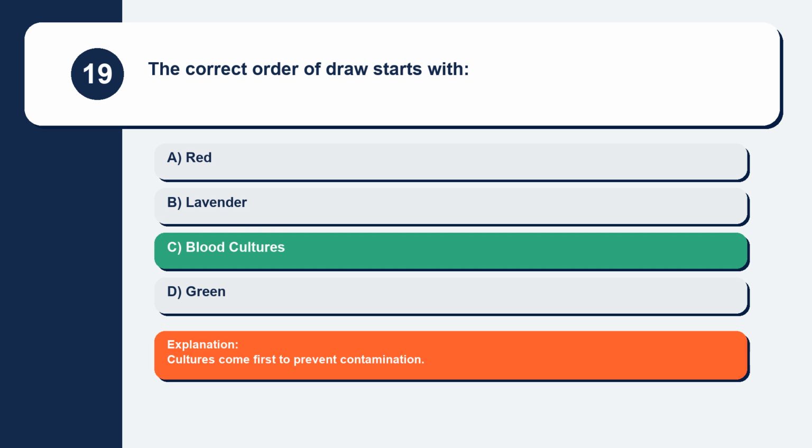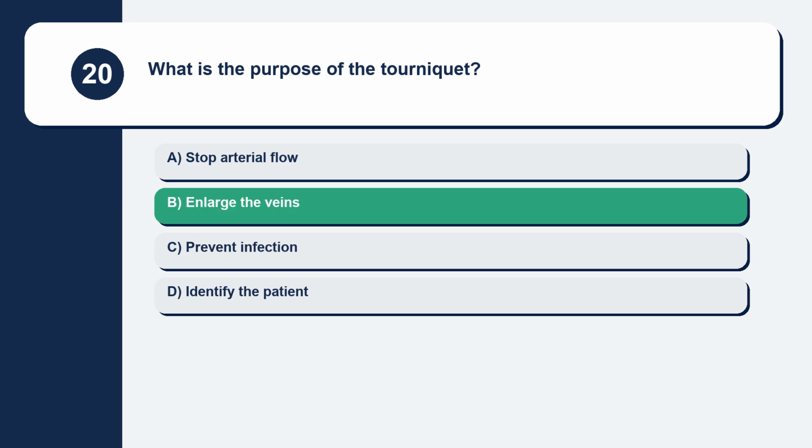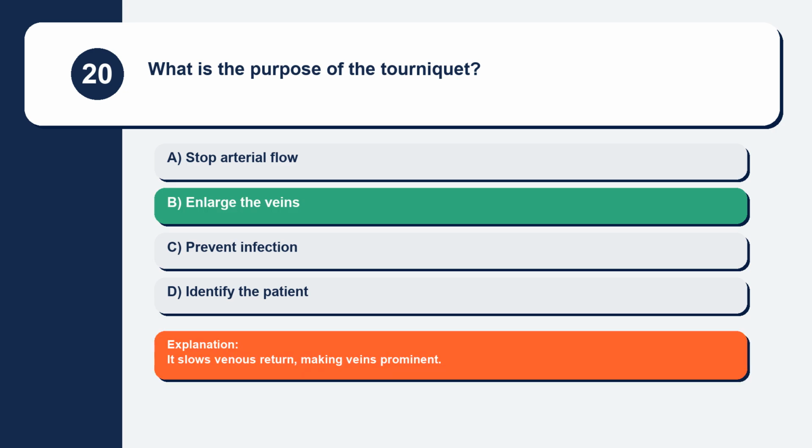Cultures come first to prevent contamination. Question 20. What is the purpose of the tourniquet? Stop arterial flow, enlarge the veins, prevent infection, or identify the patient? It slows venous return, making veins prominent.